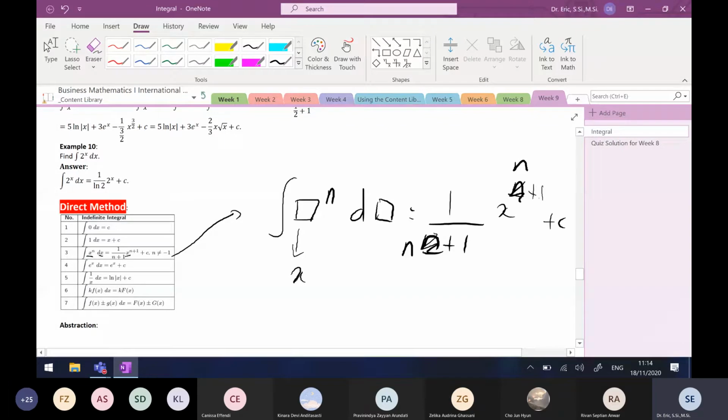And I also have this: the integral of e to the power of something, d of something, is just e to the power of something plus a constant. So x is just a dummy variable. You can always substitute x with another value.